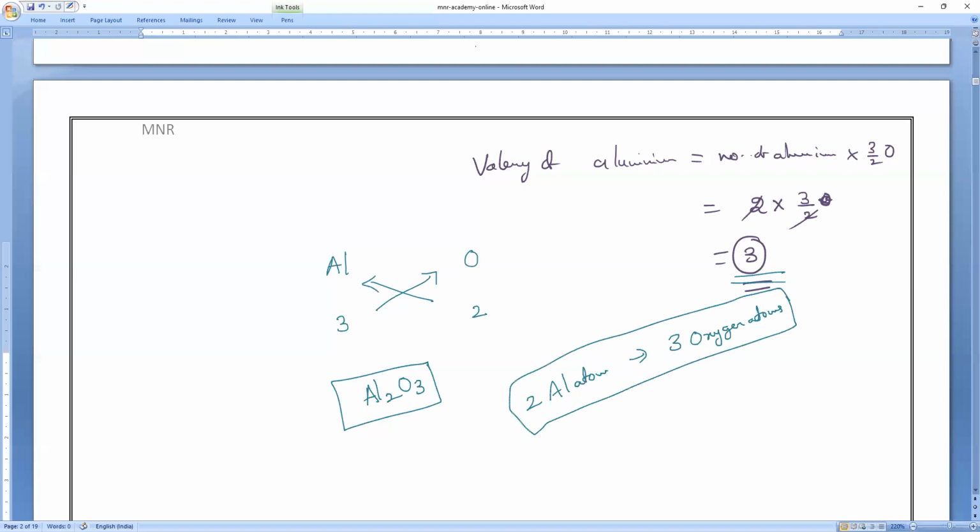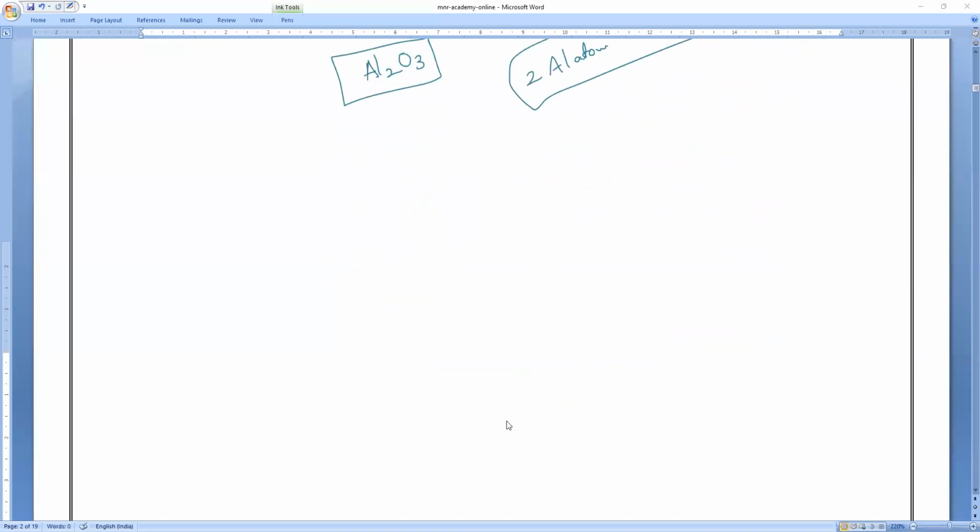Next, what is the valency of carbon in CH4? What is CH4? Methane. So what is the valency of carbon in methane? Here hydrogen is not donating, hydrogen is receiving.